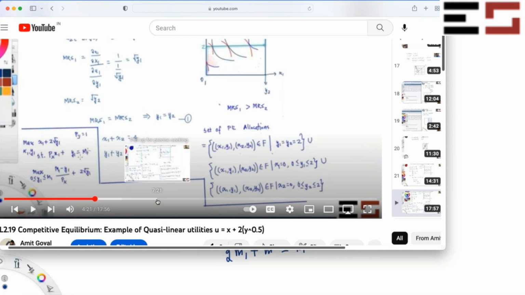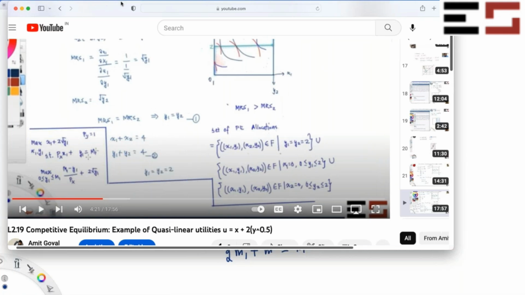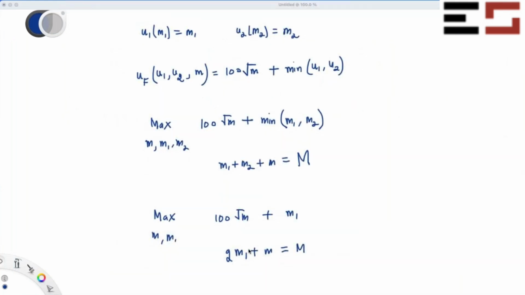For every value of capital M, find the solution to this problem. Capital M is obviously the amount of money that the father has to spend on household necessities and the pocket monies. So you just have to maximize this subject to this constraint, and then figure out the solution.